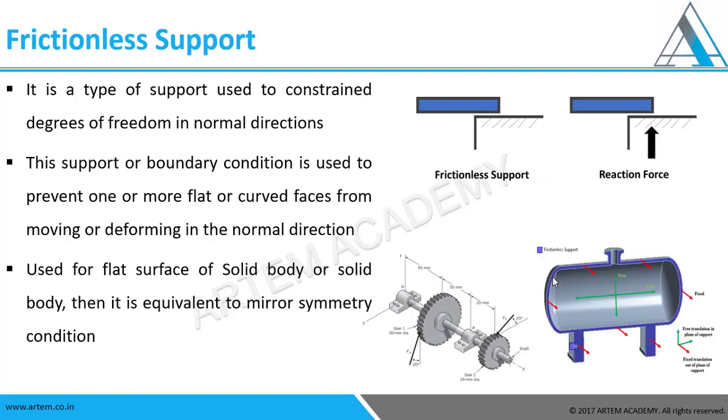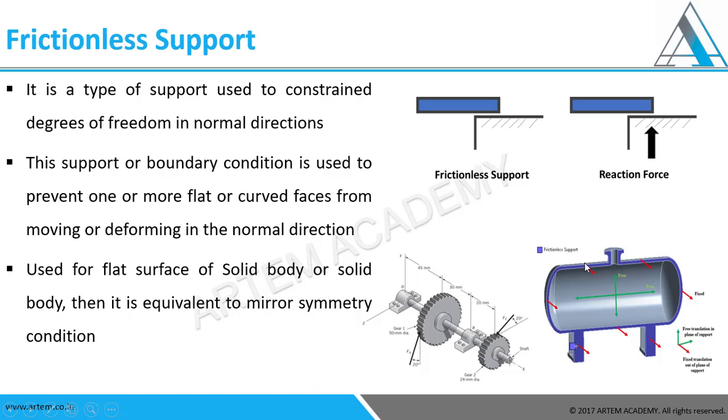The next one is frictionless support. As I have mentioned earlier, according to the model consideration, the boundary conditions keep changing. If you consider the complete pressure vessel, the bottom legs are fixed to the ground. When we select only half of the portion as a symmetric portion, on the cut region we apply frictionless support.